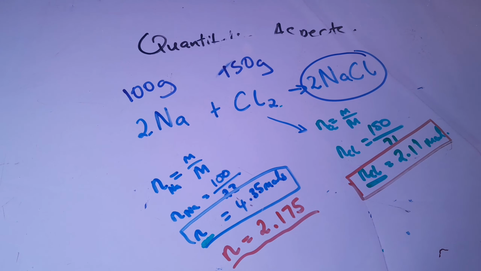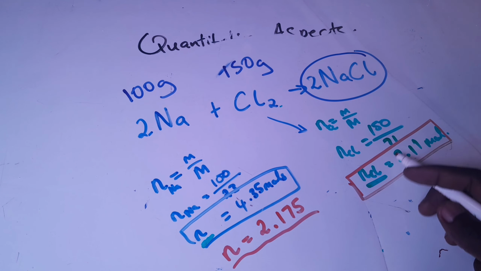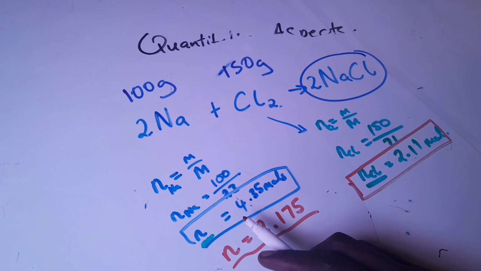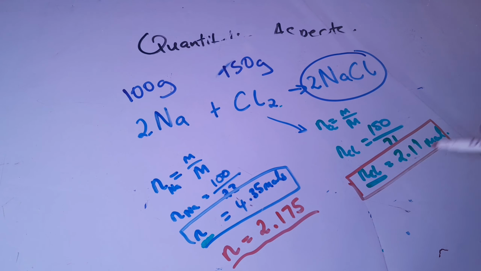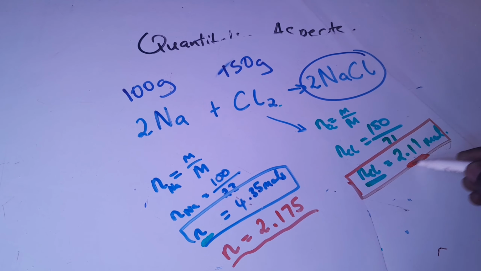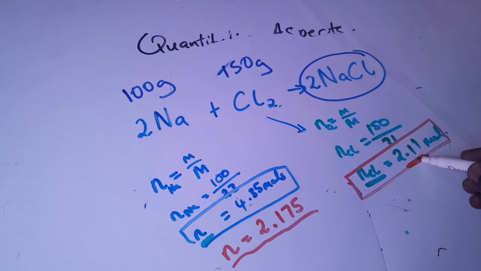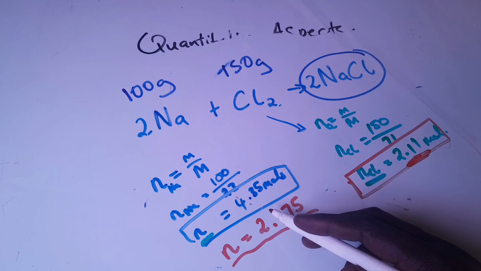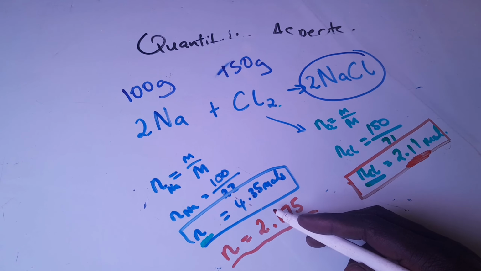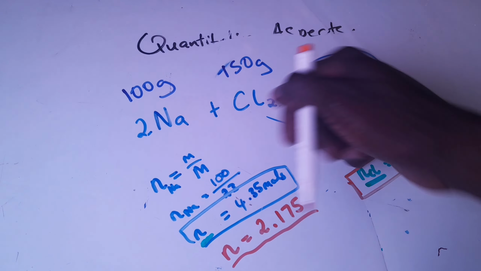So if 2 moles of this are used up, how many moles are used up on this side? 2 as well. Do you understand that? So here we're going to use up 2.11, and also this side we're going to use up 2.11, right? So what is the excess number of moles there?